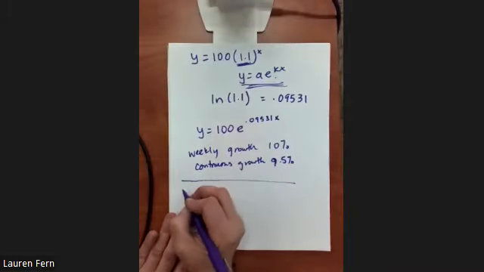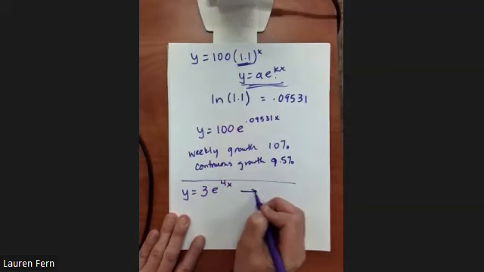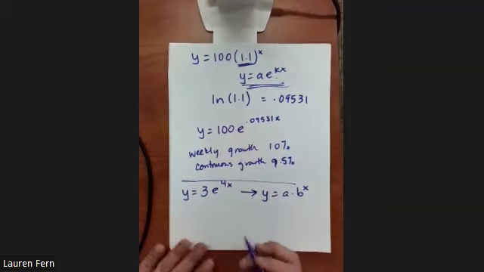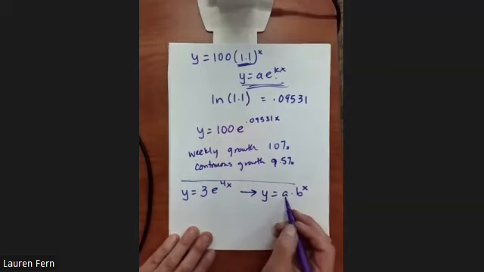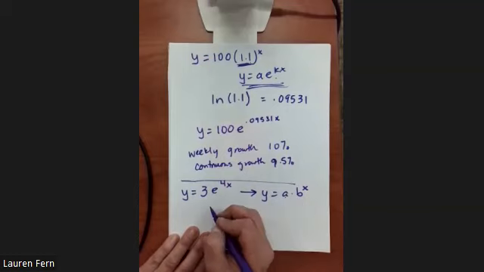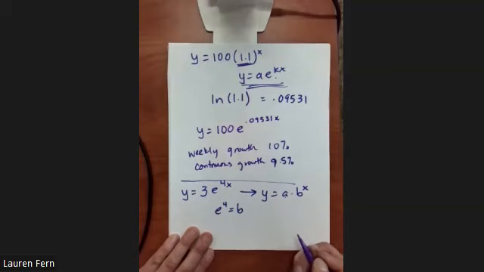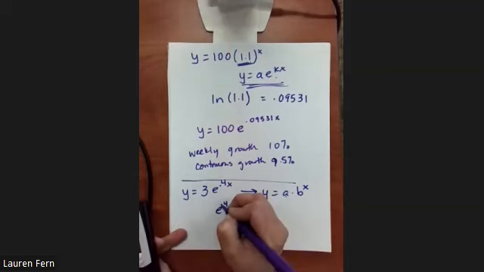So what if I have y equals 3 e to the 4x, and I want you to write that as a times b to the x? Well, we know a is 3. How do we find b? e to the 4th is equal to b. I'm going to do 0.4, it'll make our numbers better.